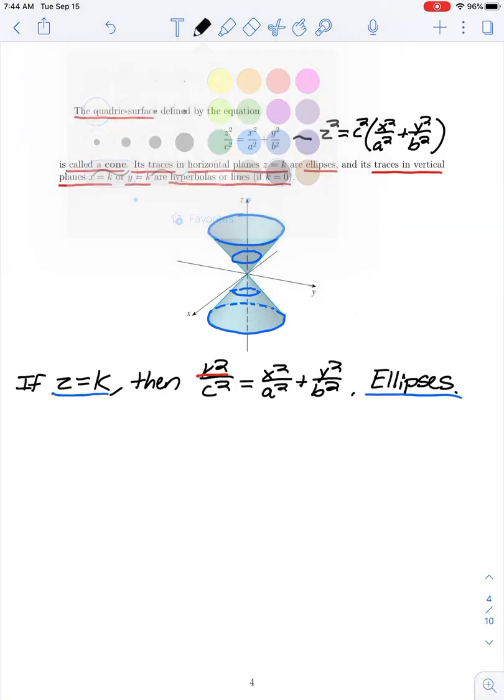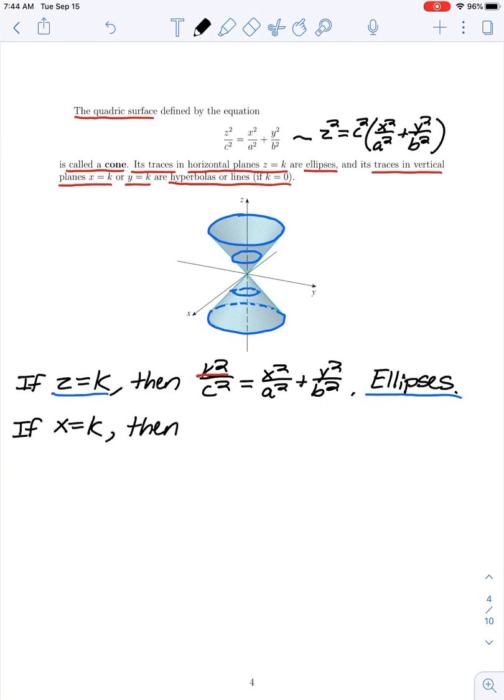Now let's consider our traces in other planes. Let's consider vertical planes that are parallel to the YZ plane. That is, if we're taking x as a fixed value k, then the equation reduces to z squared over c squared is equal to k squared over a squared plus y squared over b squared.